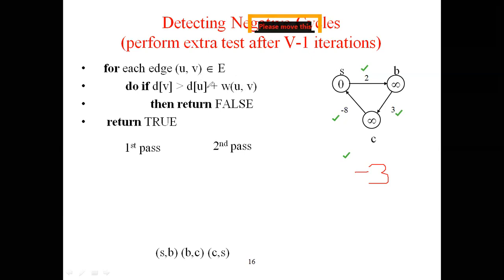Now take the value at that vertex plus the weight of the edge from that vertex to v, and compare it with the distance value at vertex v. If d[v] is greater than d[u] + w(u, v), then return false. Return false means there is a cycle. Else return true. See this example.